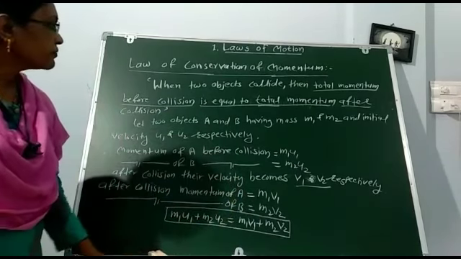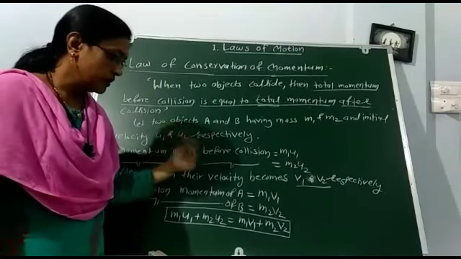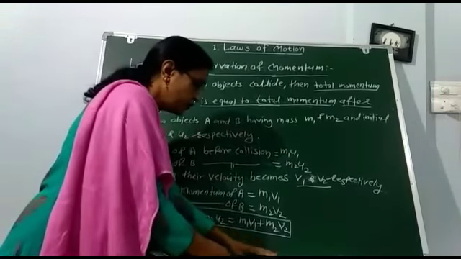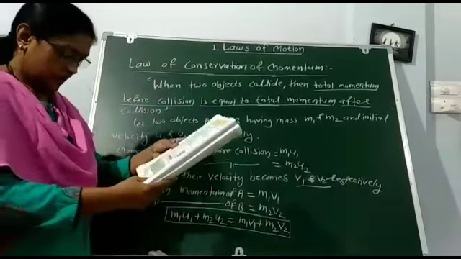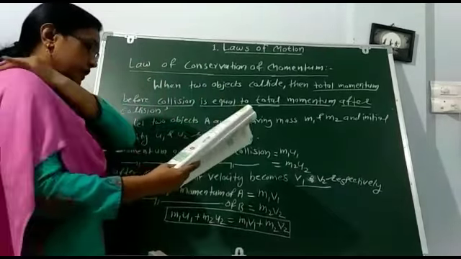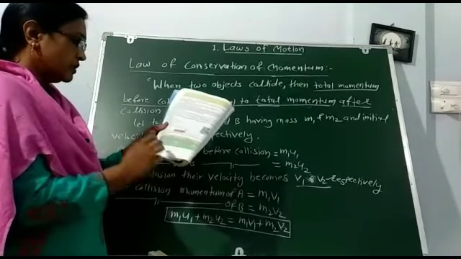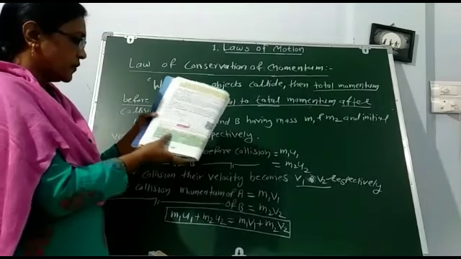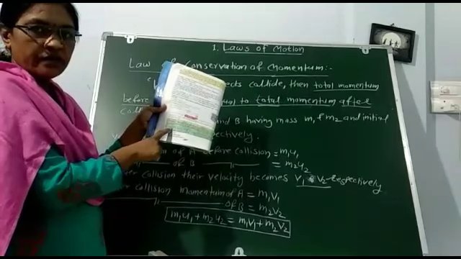In this way, we have learned all the terms in this chapter. Now, open your book and look at the exercise. In the exercise, question first is to match the first column with column 2 and column 3. In the first column, types of acceleration are given.